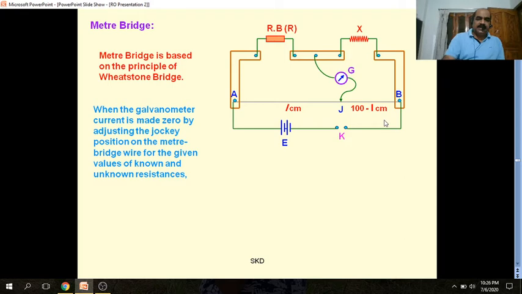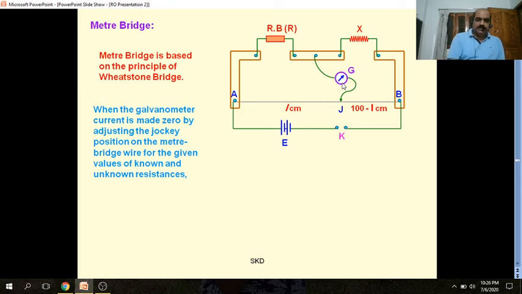When galvanometer current is made 0 by adjusting the jockey position on the Meterbridge wire for a given value of known and unknown resistances, so getting the null deflection means that this Meterbridge is realizing our Wheatstone bridge.